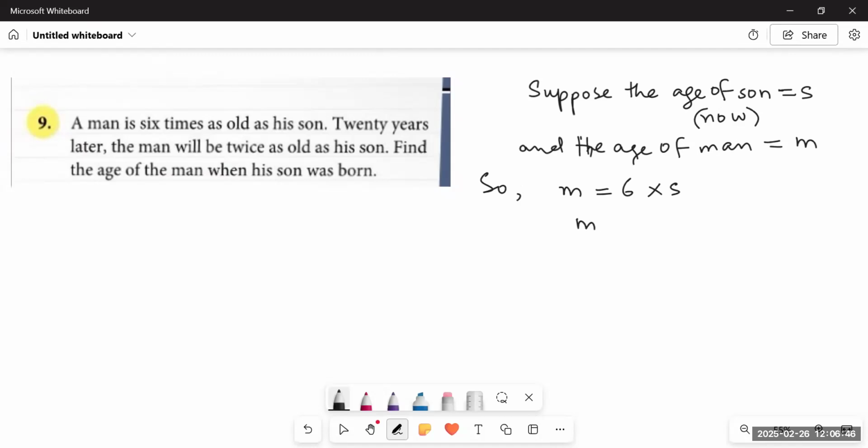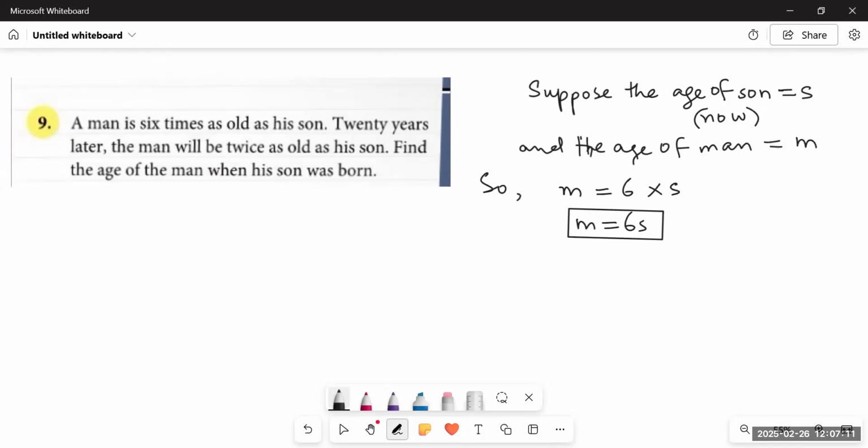This is the equation. M is equals to 6s. Like if the son is 2 years old right now, the man would be 2 multiplied by 6, that is 12 years old. Similarly, if the son is 10 years old, the man would be 10 multiplied by 6, 60 years old. So whatever is the age of son right now, the man's age would be 6 times that of his son.